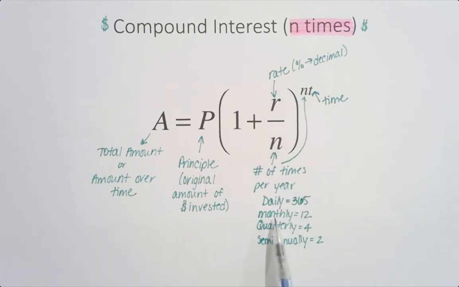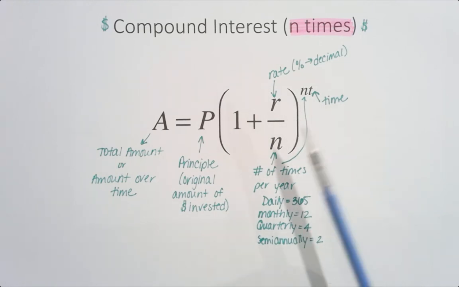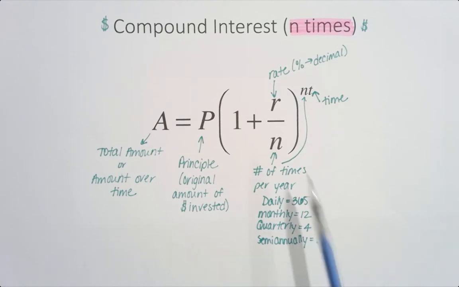You're going to see terms like monthly. We have 12 months, so we've got n is 12. Quarterly, that means when you split the year into 4 time segments, so you've got 4 for that n. Semi-annually, some of you know this from shopping, semi-annual sale, usually it happens twice a year, so 2 would go in for that n. So whatever that number of times per year is, that's what's going in for that n.